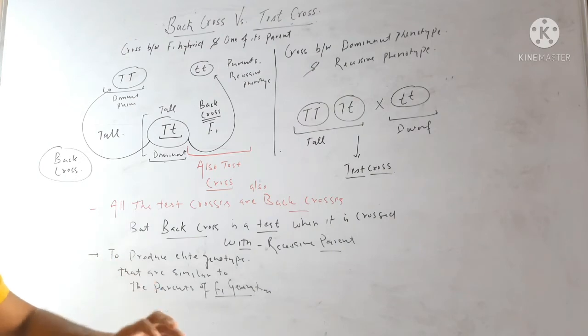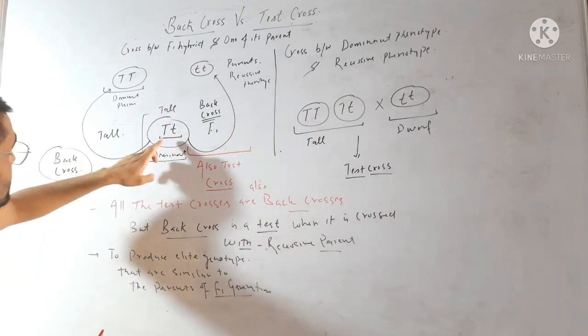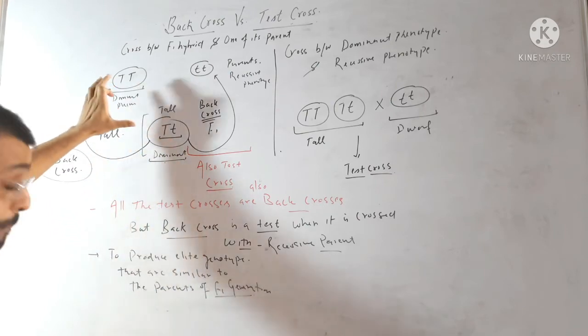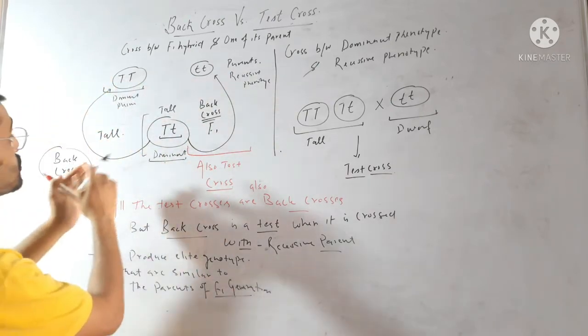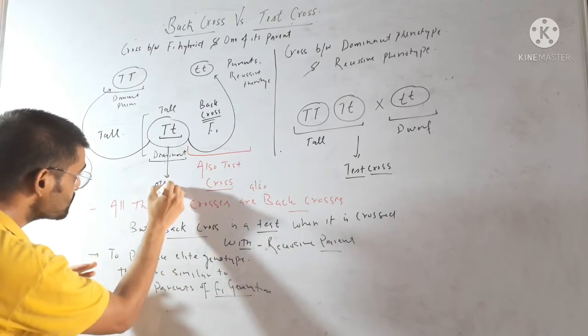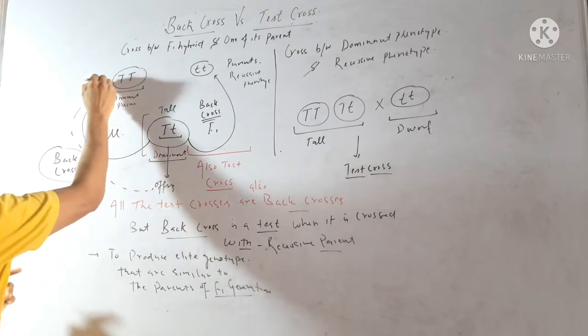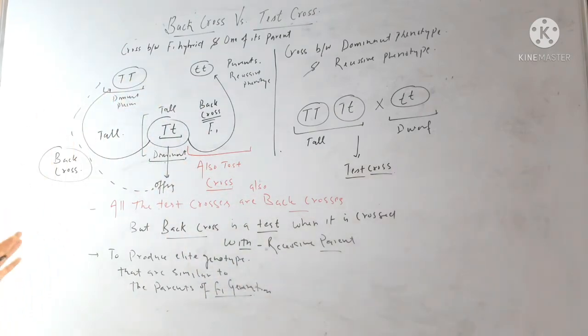So here we are backcrossing this with this. The purpose of this backcross is to produce offspring that are genetically similar to these parents. So this is the purpose of backcrossing.